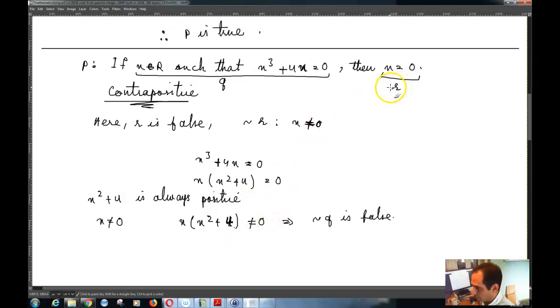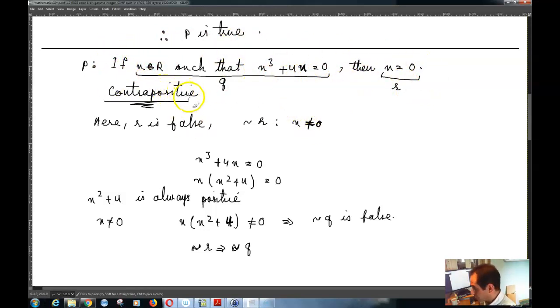So that means that if I assume that R is false, then Q is going to be false, which means that not R implies not Q, which is the method of contrapositive, right? So based on the method of contrapositive, we have shown that not R implies not Q. Therefore, this statement is actually true.